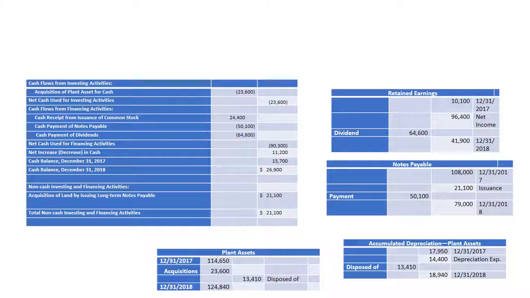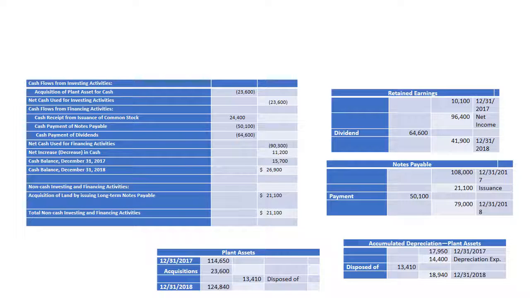The final area of our statement of cash flow is cash flows from financing activities. Remember, we're looking at changes in long-term liabilities and stockholders' equity here. So our first major item we're going to look at is cash receipt from common stock. So our common stock account went from $64,500 to $88,900.